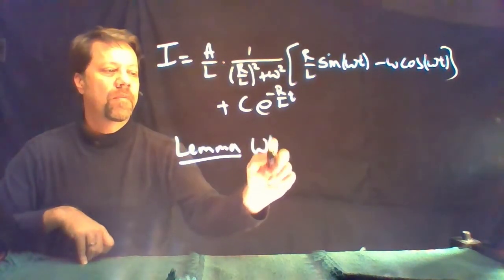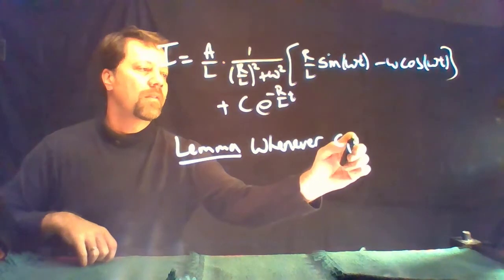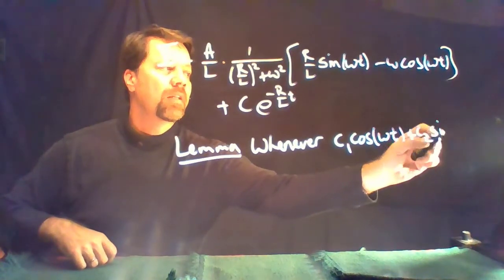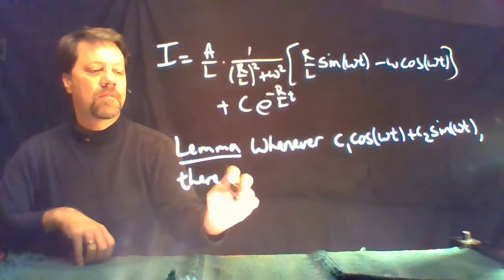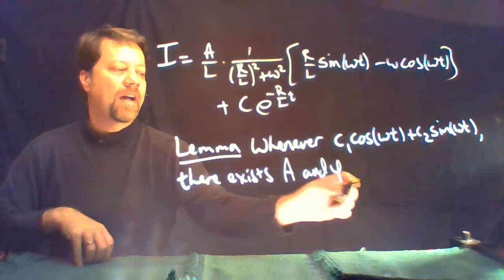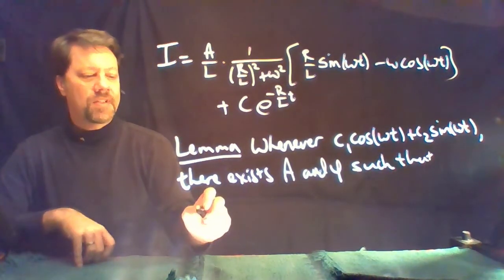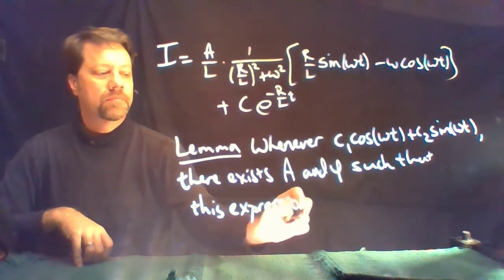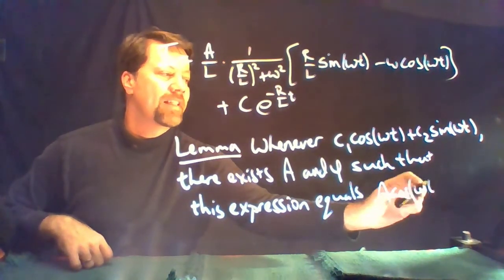Whenever we have C1 cosine omega t plus C2 sine omega t, there will exist some amplitude A and some angle phi, such that this expression equals A cosine of omega t minus phi.